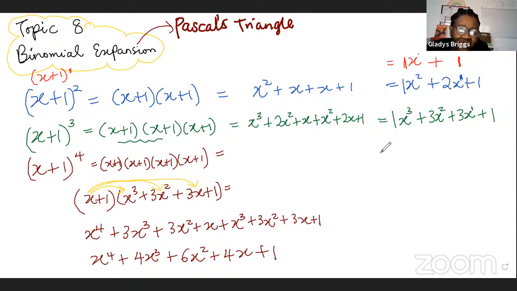So here, what we'll have is 1x to the power of 4 plus 4x to the power of 3 plus 6x squared plus 4x plus 1.